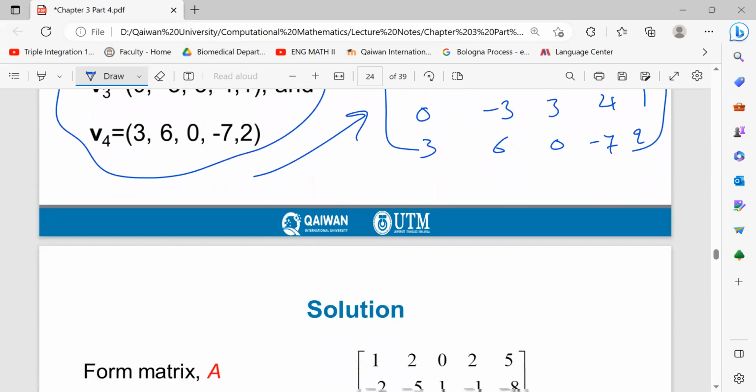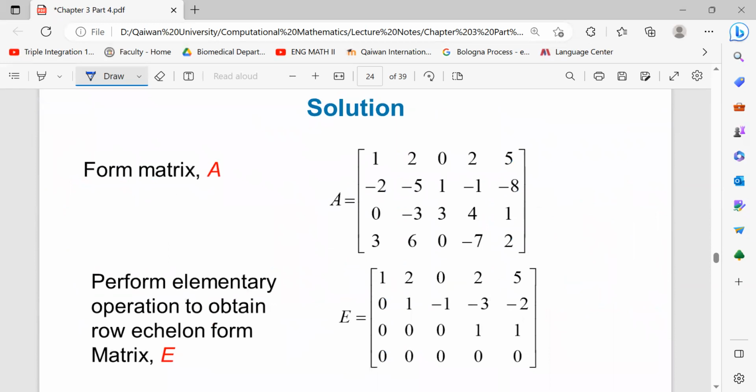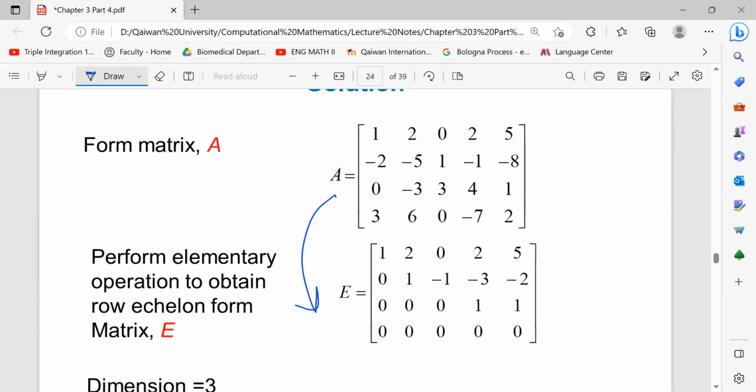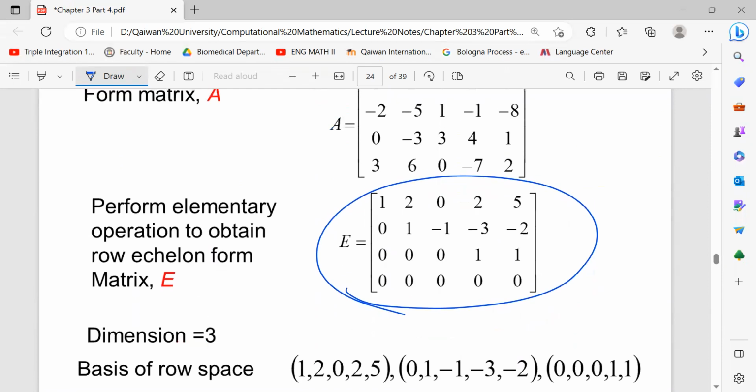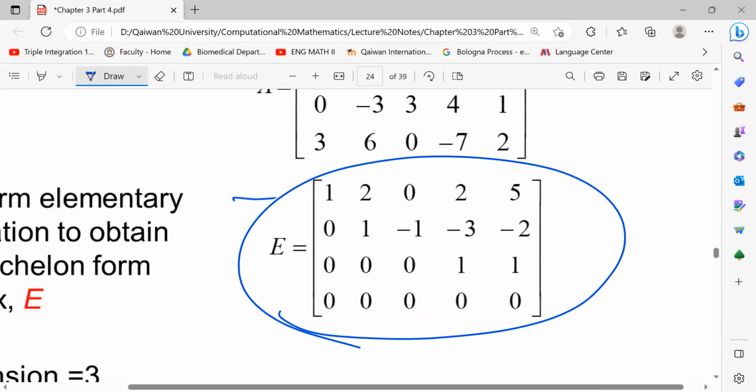Look, we first change the matrix to reduced row echelon form. We get this. Okay? Then, what do we do? Here, the number of non-zero rows, we have 3. These 3 rows are the basis for the matrix.